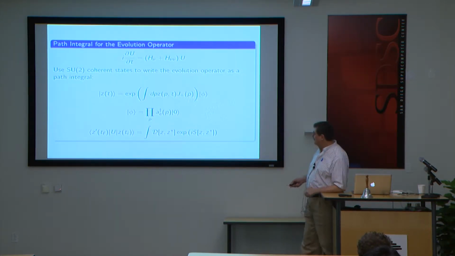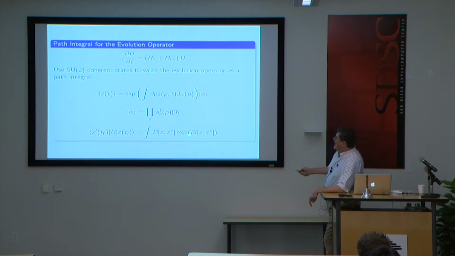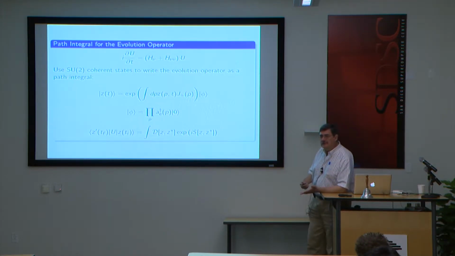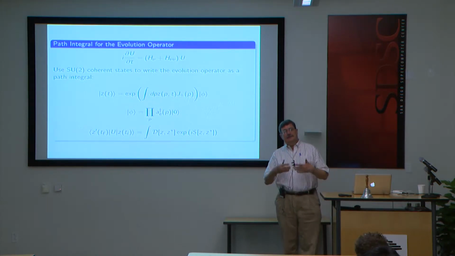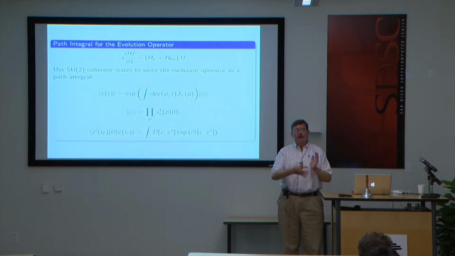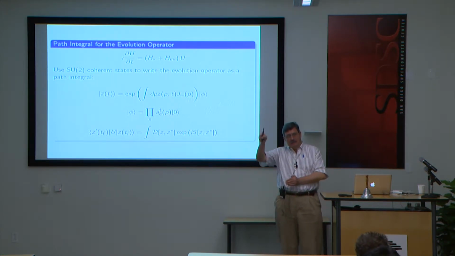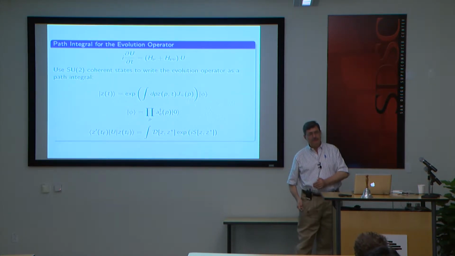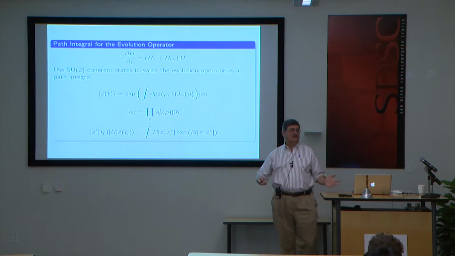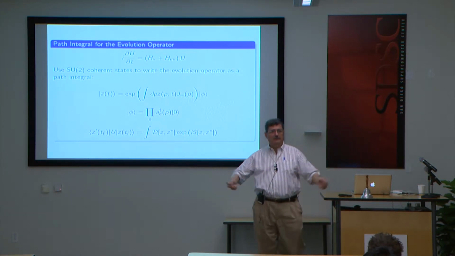As a matter of fact, here there is the action associated with the path integral, which then, of course, depends on the parameters of the coherent states. So the path integral basically is an integral over paths where each path is weighed by exponential i S, where S is the action. Of course, all paths contribute in general. This is basic quantum mechanics.